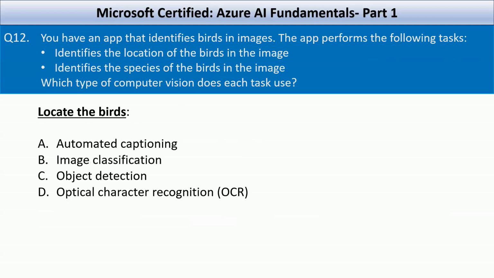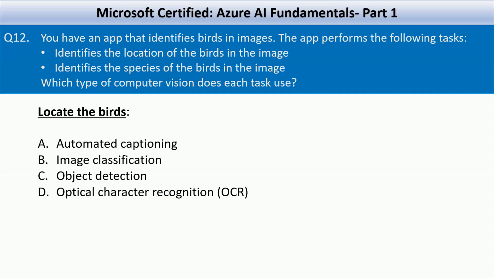12th question, folks. You have an app that identifies birds in images. The app performs the following tasks: identifies the location of the birds in the image, identifies the species of the birds in the image. Which type of computer vision does each task use?